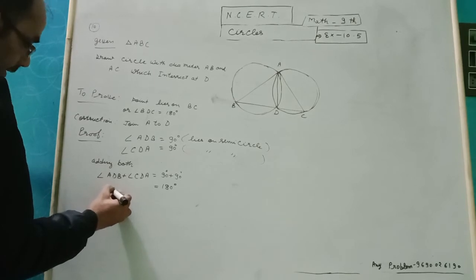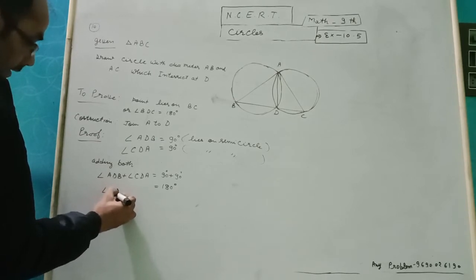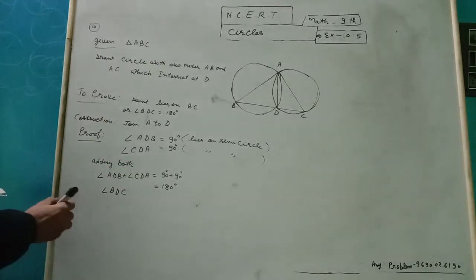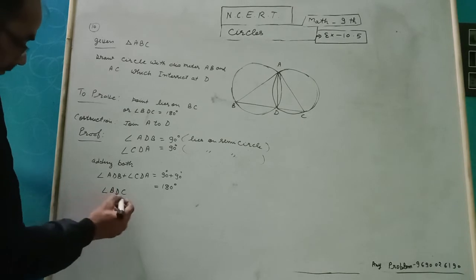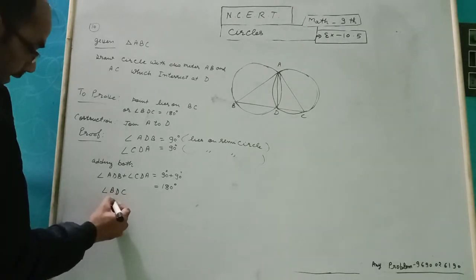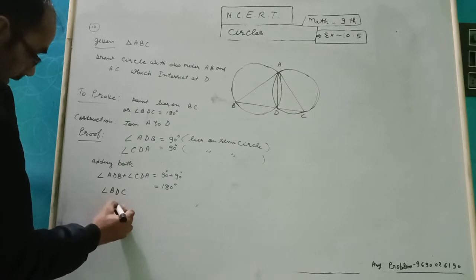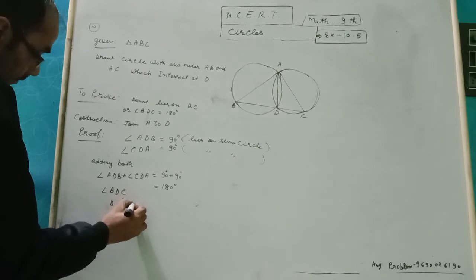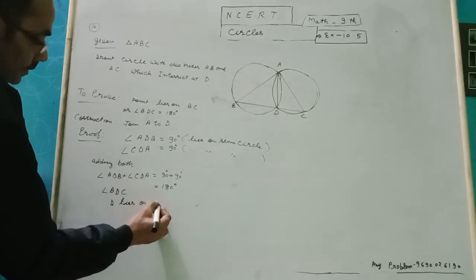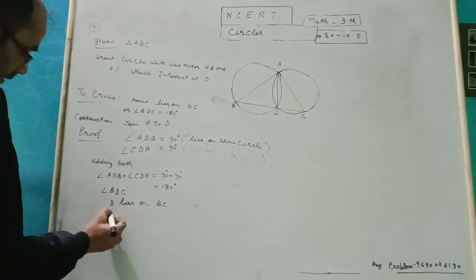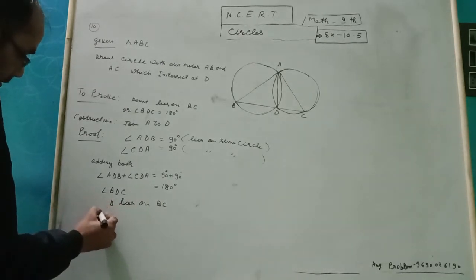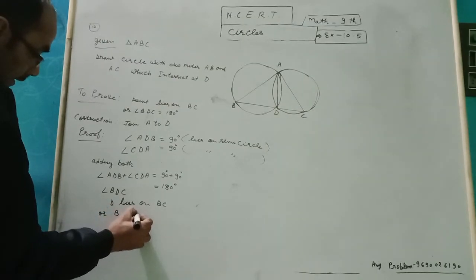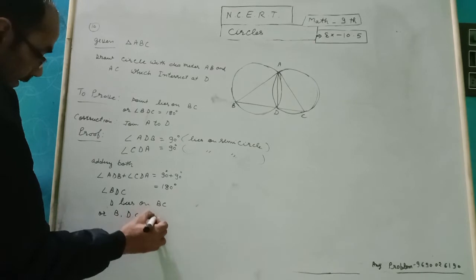Angle BDC, after adding both angles, you can write that D lies on BC, or BDC is a straight line.